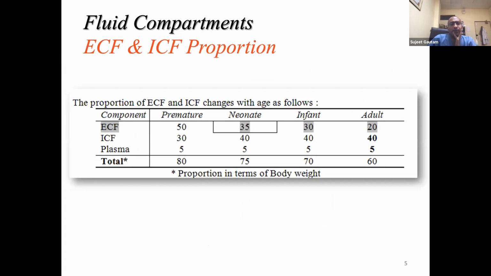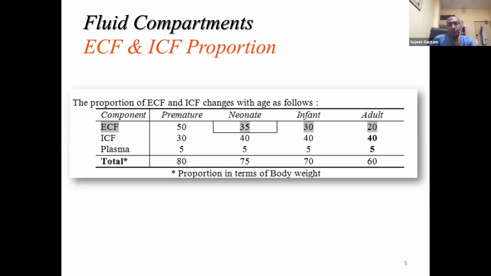This chart here shows the age-wise distribution of fluid between various compartments. The fluid compartment basically shrinks as one ages.